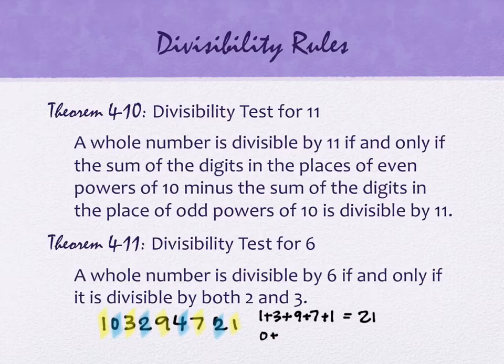So 0 plus 2 plus 4 plus 2, and what do I get with this one? 8. And we subtract those two values. So 21 minus 8 gives me 13. Is 13 divisible by 11? No. So the original number wasn't either.